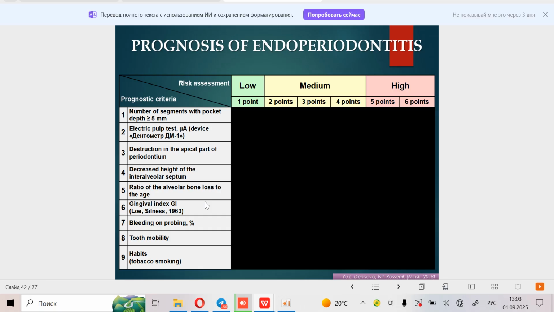And all prognostic criteria are divided into 3 levels of risk assessment: low, medium, and high.